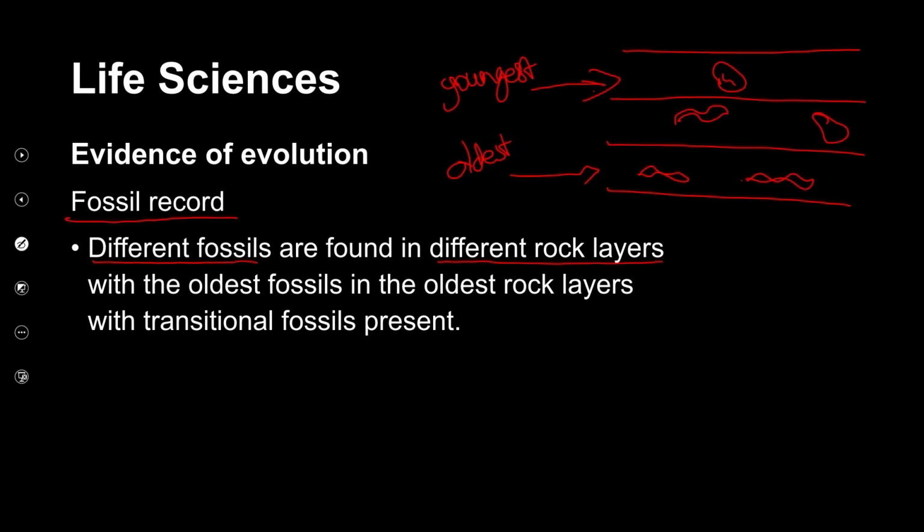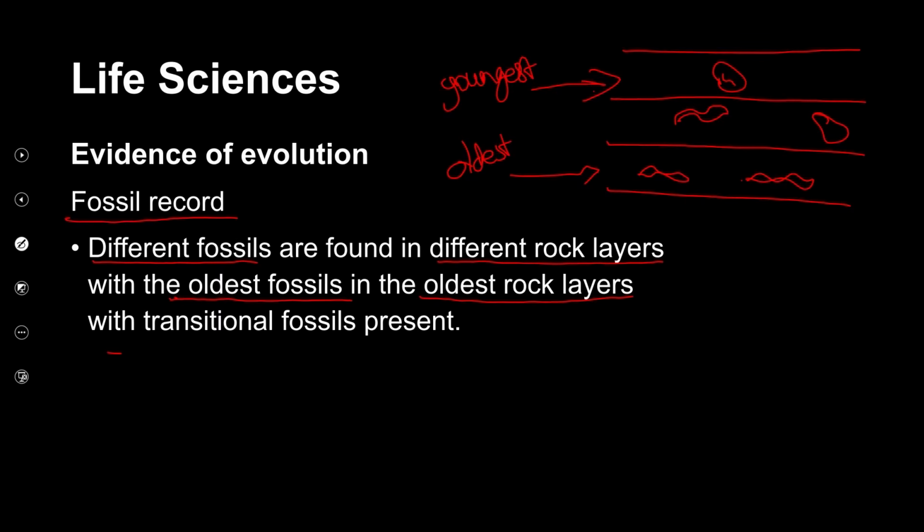So different fossils are found in different rock layers. That's the fossil record. The oldest fossils are usually in the lowest layers, further down in the earth. Those are the oldest rock layers, and therefore we say those fossils are older than the ones we would find above. Very often we also find transitional fossils.